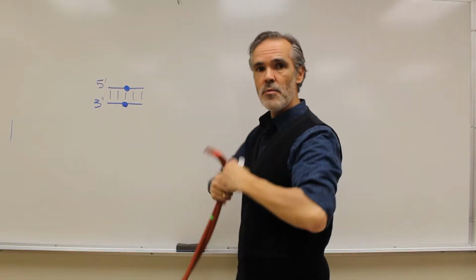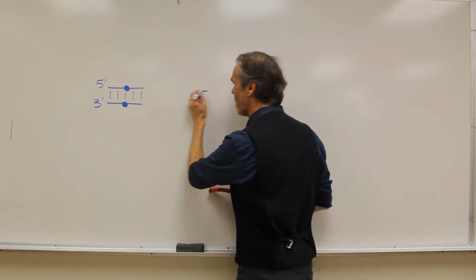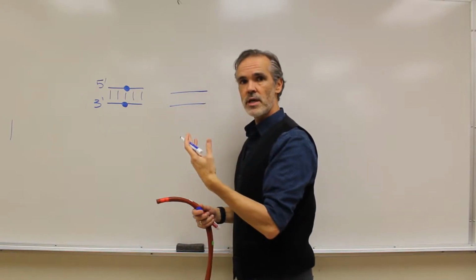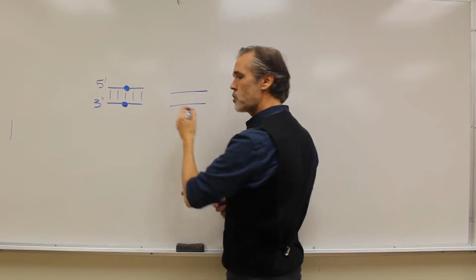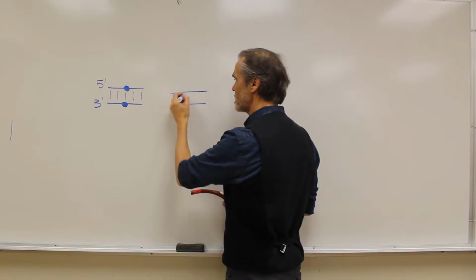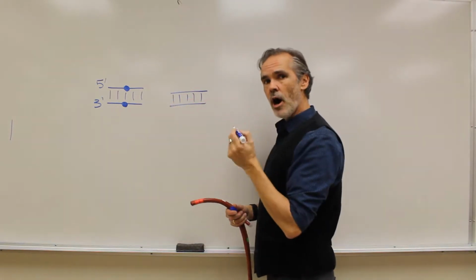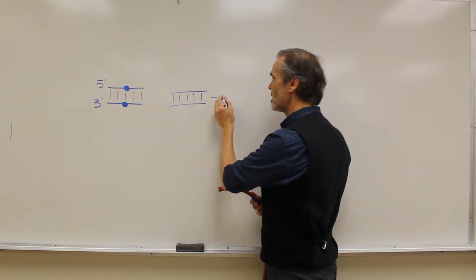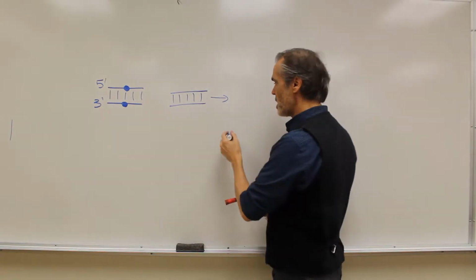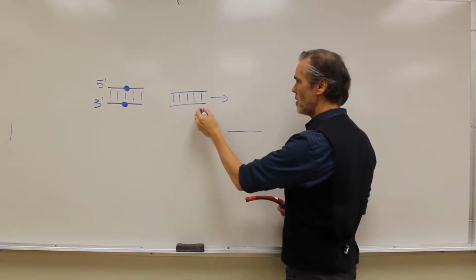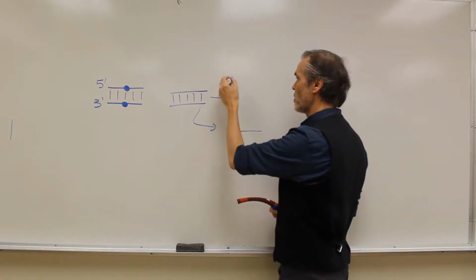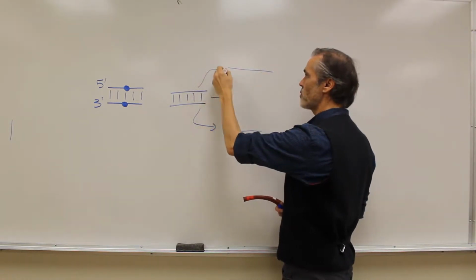At the beginning we have two strands, and I'm illustrating this in blue, and those two strands are connected. When the cell copies that, it uses one strand right here, and it uses the other strand right here.